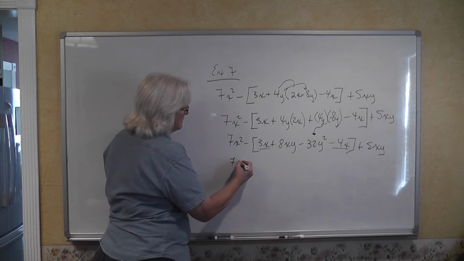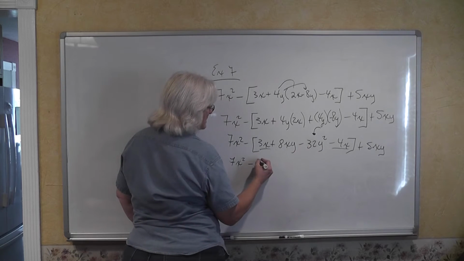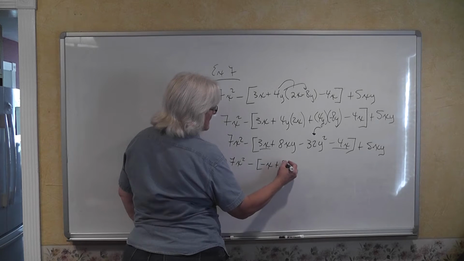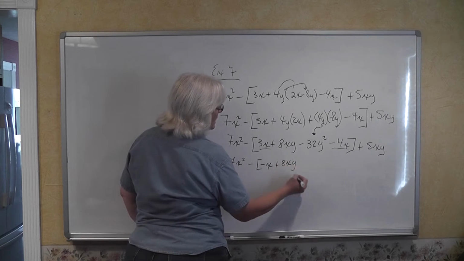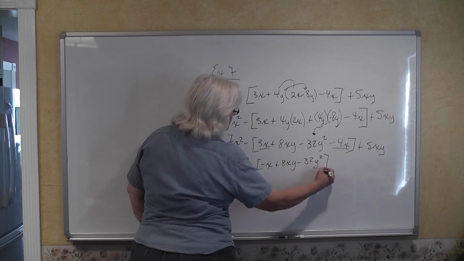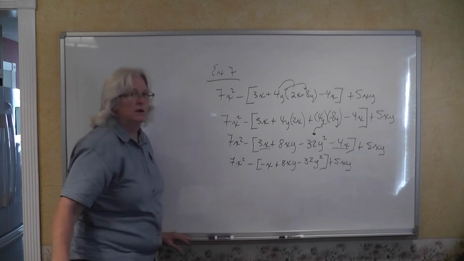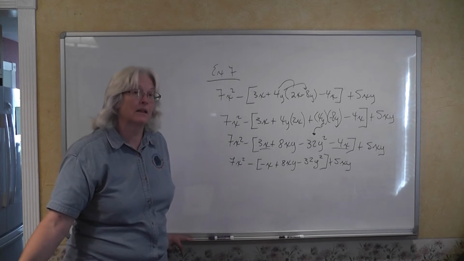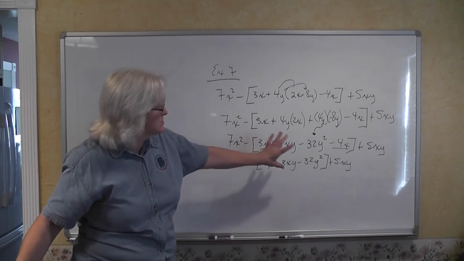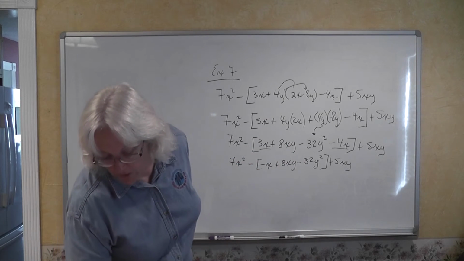Actually, I'll do one more step and leave them in. 3x minus 4x is a negative 1, so we have a negative x plus 8xy minus 32y squared plus 5xy. And do you want to know exactly why you had to make certain that you left those brackets in there? You have a negative sign to distribute.